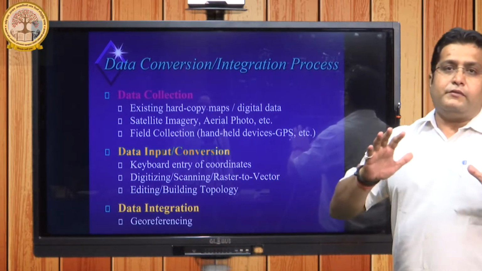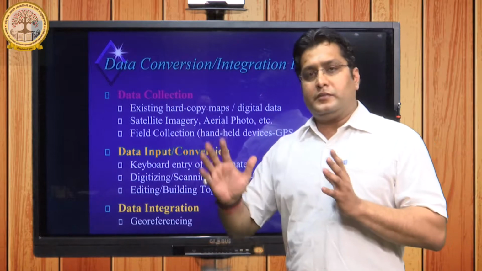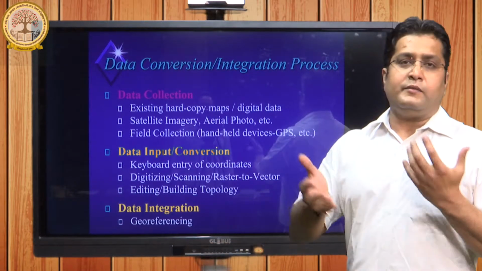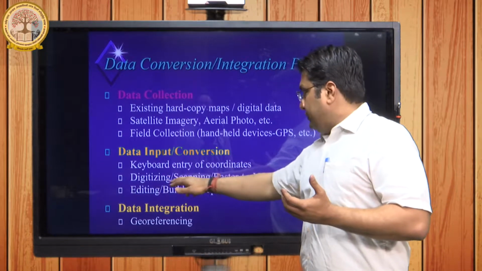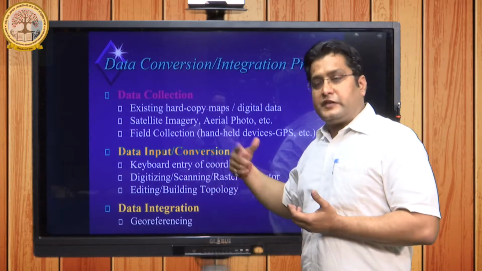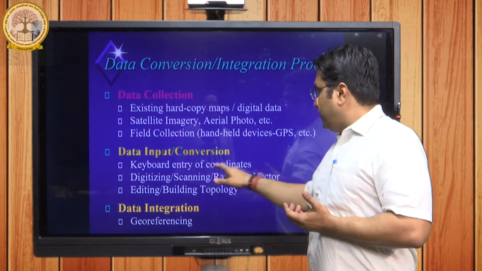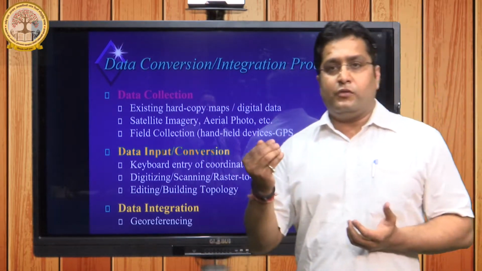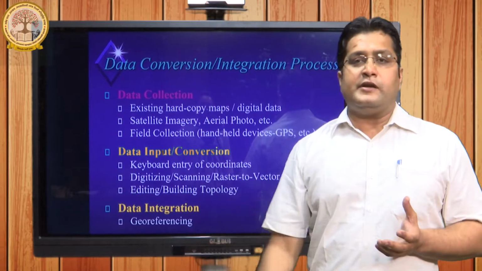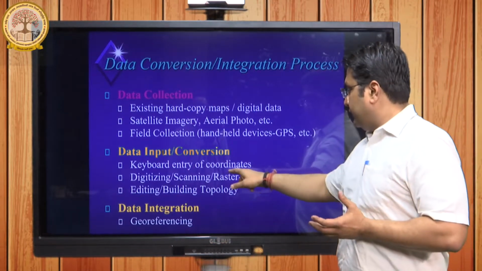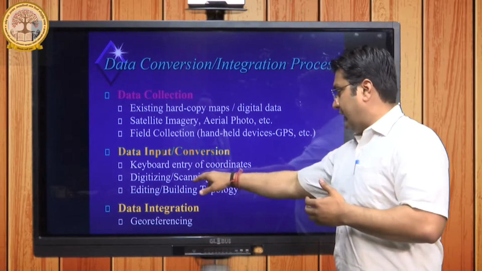When we assign a proper projection system and coordinate system, that data can be scanned or digitized, and the whole process is called raster to vector conversion. If we have data in hard copy form, it can be converted into soft copy form, and that method is called the scanning process.